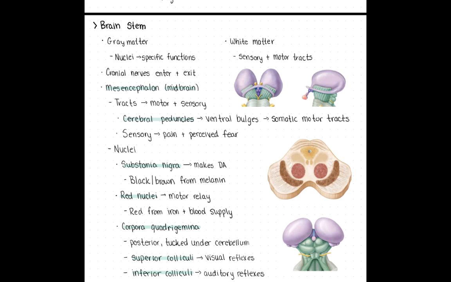The most prominent tracts, and you can see them in this picture, these two big trunks here, are called cerebral peduncles. The cerebral peduncles are ventral bulges. That's what we're looking at, these bulges on the front side of the brainstem, and they carry somatic motor information.